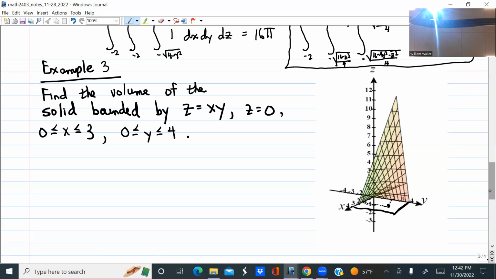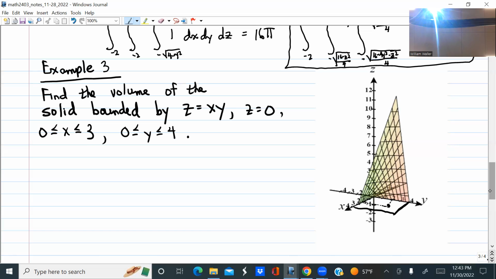If you just want a volume beneath a surface down to a region in the xy plane, that's exactly this type of volume, right? Beneath the surface down to a region in the xy plane, then set up the triple integral.